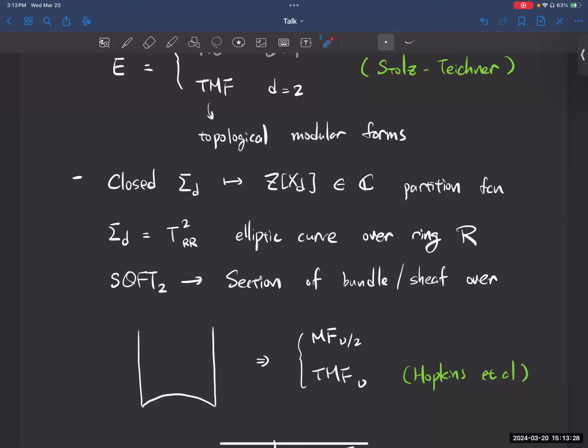But basically, it's very natural to think about a family of elliptic curves, not just a single elliptic curve.